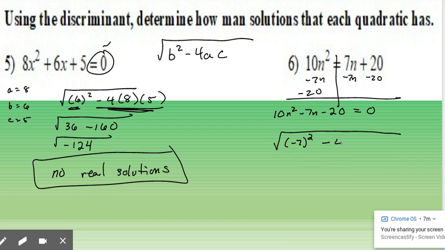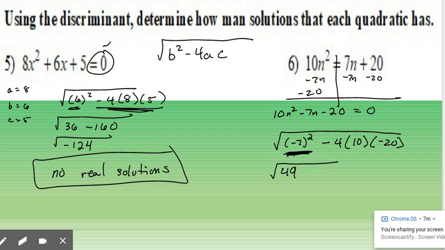We have minus 4 times a, which is 10, times c, which is negative 20. Now, when I was looking at some of your homework, this was a problem spot. Negative 7 squared. When you use a calculator, you have to put that negative 7 in parentheses. You are going to get a positive answer for this b squared part every single time.